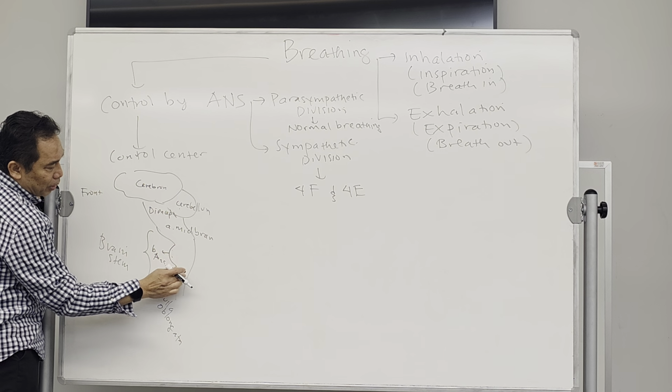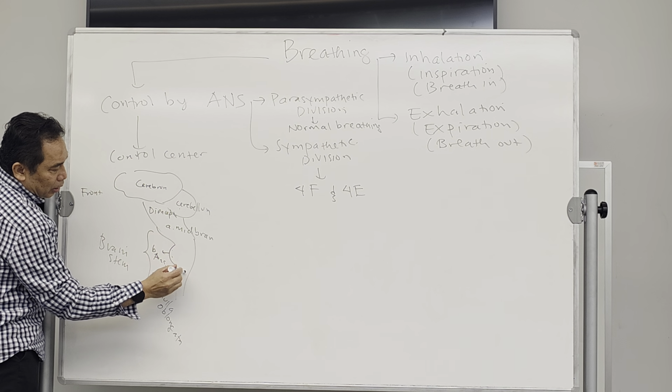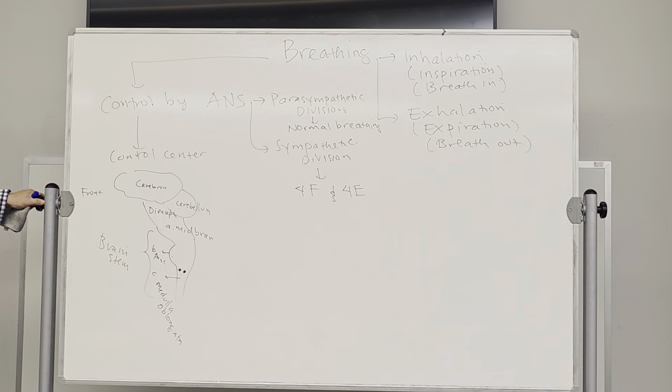You actually have two groups of nuclei, or cell bodies of neurons, in the medulla oblongata that will control our normal breathing.